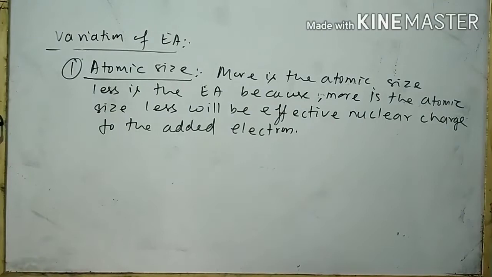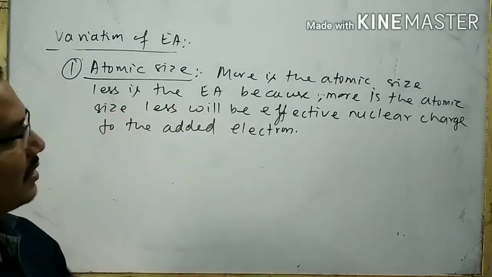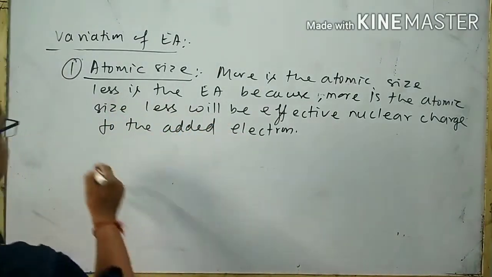That's why more is the atomic size, less is the electron affinity.